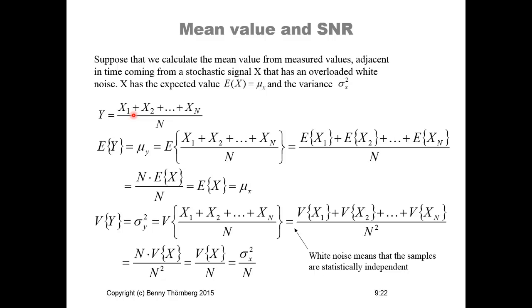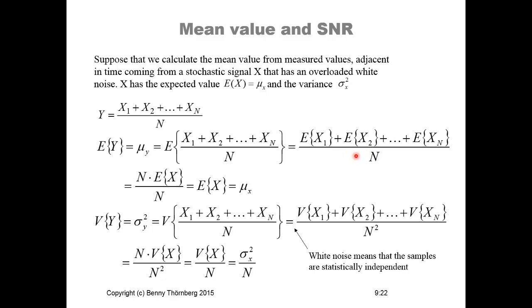So we start with evaluating the expected value for this new variable y. Mu y is equal to the expected value of this formulation, being the computation of the new variable y. And then the sum of the expected values is equal to the expected values of each one of these variables divided by the constant n.